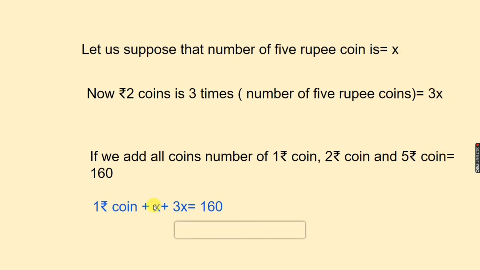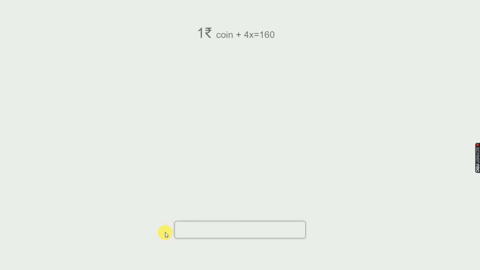If we add the number of all the coins, it is equal to 160. So the number of 1 rupee coins plus x plus 3x is equal to 160. Adding x plus 3x, it becomes 4x. So 1 rupee coins plus 4x is equal to 160. Now the number of 1 rupee coins is equal to 160 minus 4x.